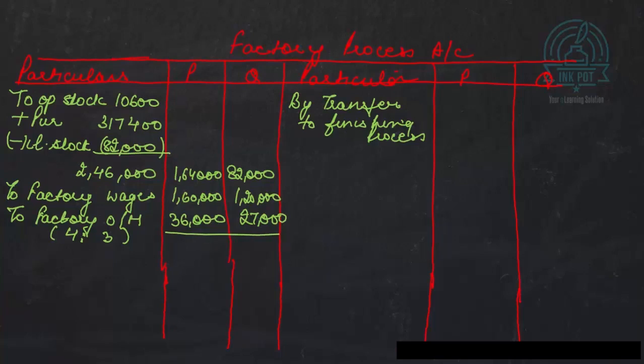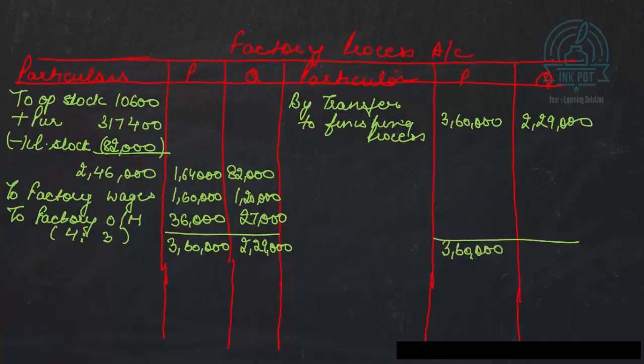No, sorry, it's 3,60,000. 3,60,000, and here the total is 2,29,000. So again total 3,60,000 and 2,29,000. So this is all about factory process.